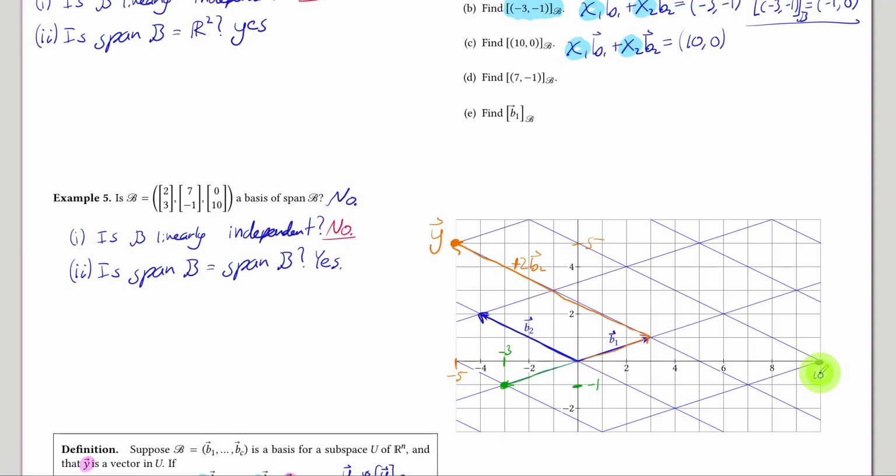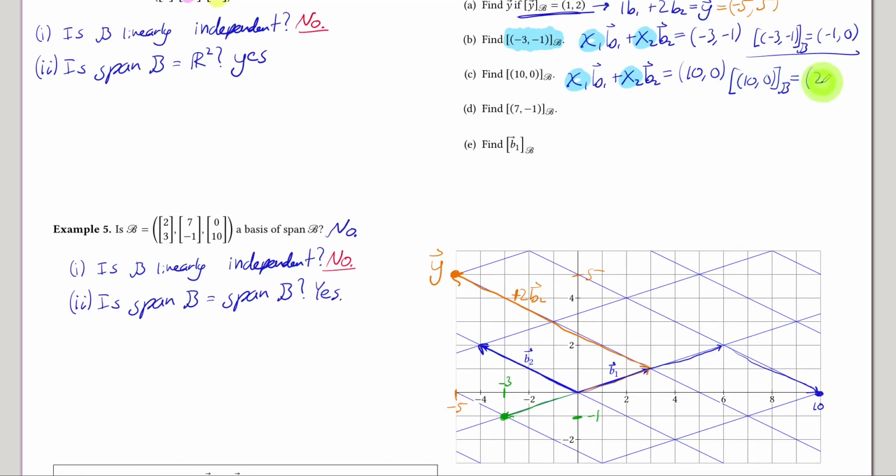And how do we get there? By doing multiples of b1 and b2. It looks like you could do 2b1, and then from there follow this grid line by adding -b2 to get to that point. So 2b1 and -1b2 looks like you would get to (10, 0).